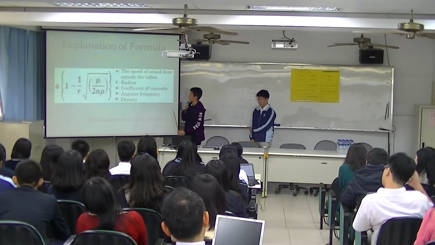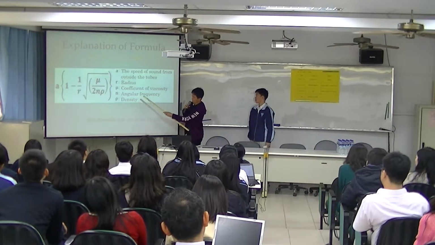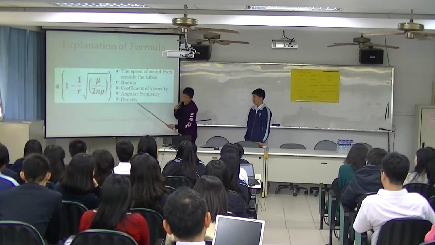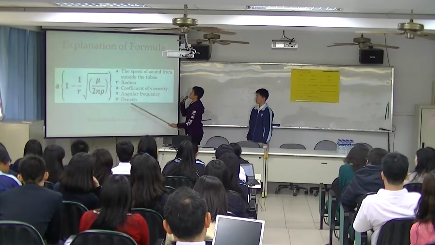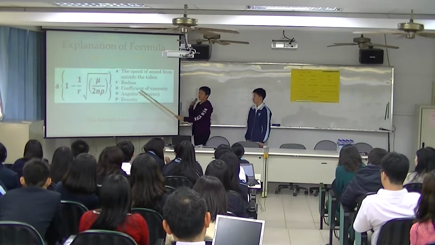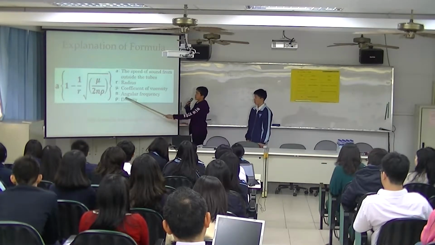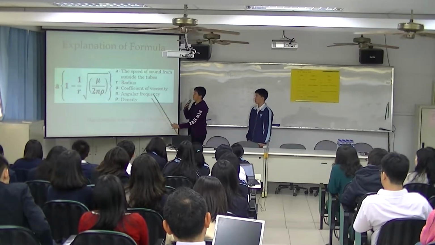The factors that affect the sound are included in the formula by letters. A represents the speed of sound outside the tubes. R is the radius of the tube. Mu is the coefficient of viscosity. N is angular frequency, and rho is the density.